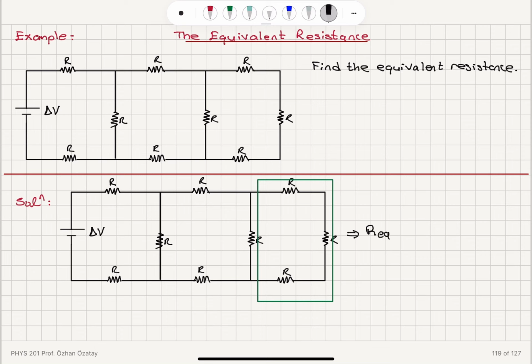R equivalent 1 equals the sum of the resistances R plus R plus R, which is equal to 3R. And then we will move on to the next step. So we will be replacing these three resistors with a single equivalent resistor with resistance 3R.